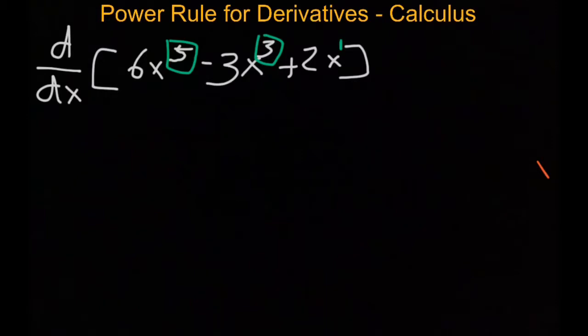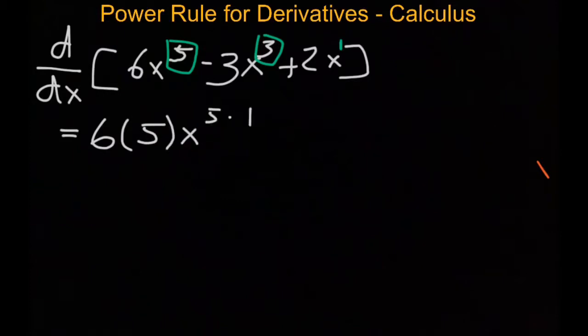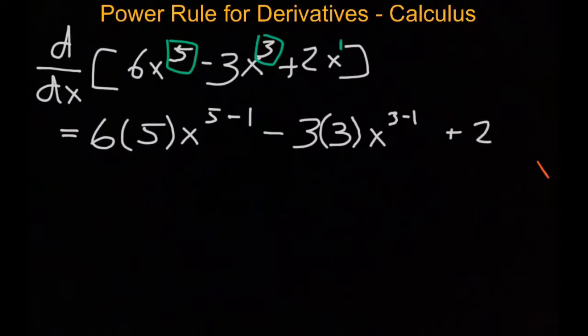So we can rewrite it out like this: 6 times our n value, 5, times x to the power of 5 minus 1, minus 3 times 3 times x to the power of 3 minus 1, plus 2 times 1 times x to the power of 1 minus 1.